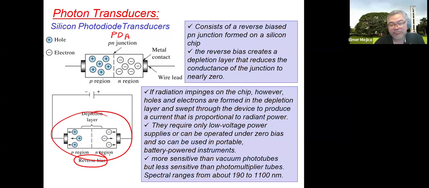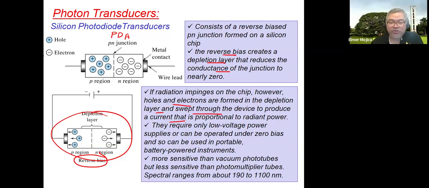You create a depletion layer that reduces the conductance of the junction to nearly zero. If radiation impinges on the chip, however, holes and electrons are formed in the depletion layer and swept through the device to produce a current that is proportional to the radiant power.